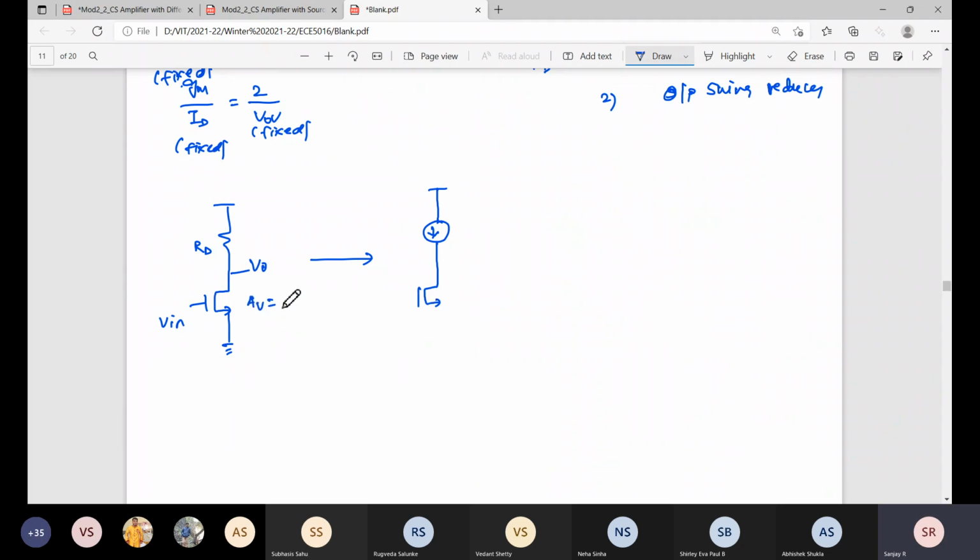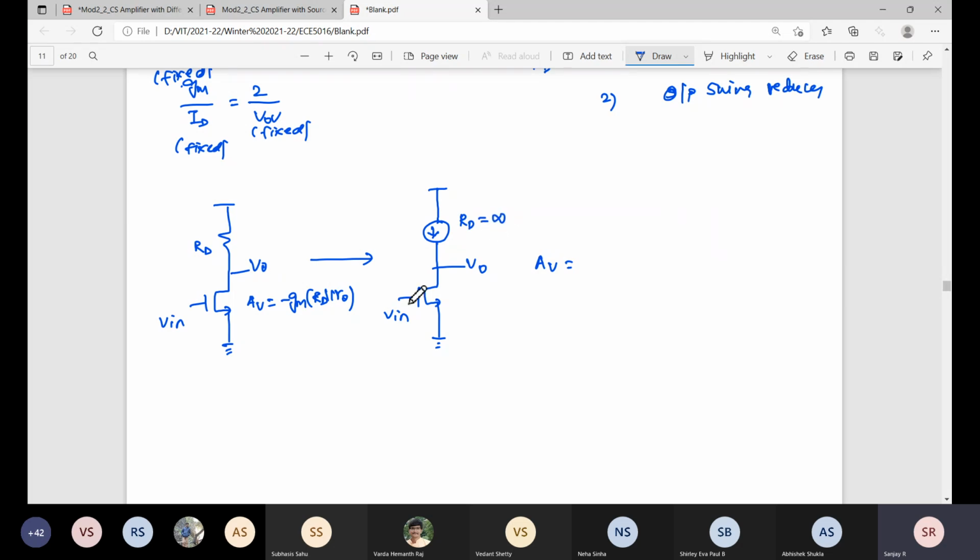AV equal to minus GM into RD parallel with R0. Now I am replacing RD by a current source. What is RD here? What is the current source output impedance? Infinite. RD equal to infinite.